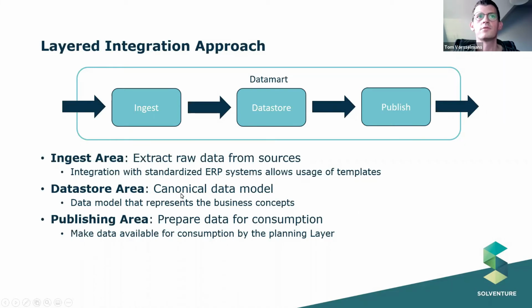The next step is then to model, create a data model and consolidate the data model, and there we translate everything into business language. And then the last area is a publishing area. There we make data available for consumption by the planning layer. And there we typically make a distinction between each of the modules, so we know which module is consuming which data of the data store layer.